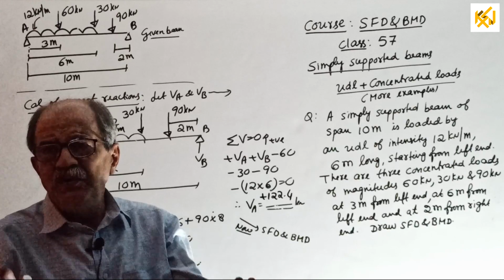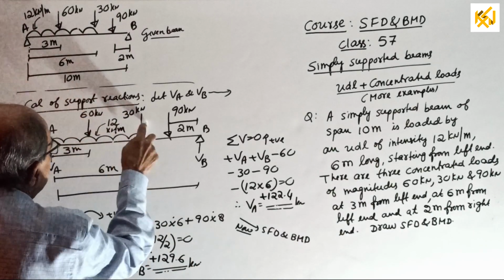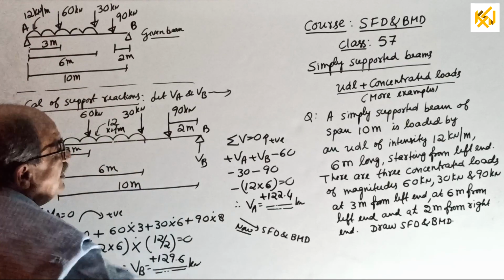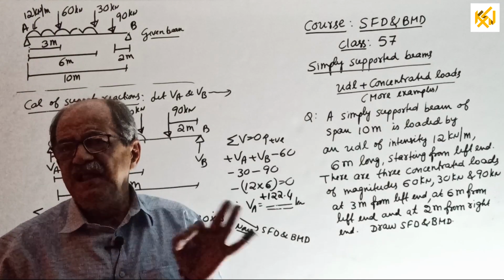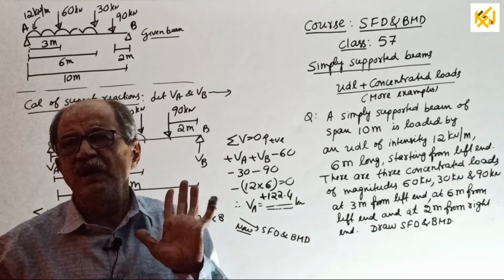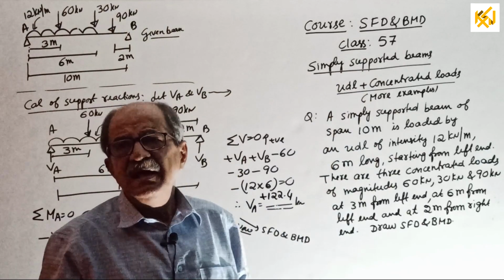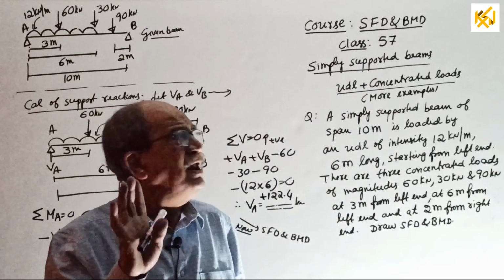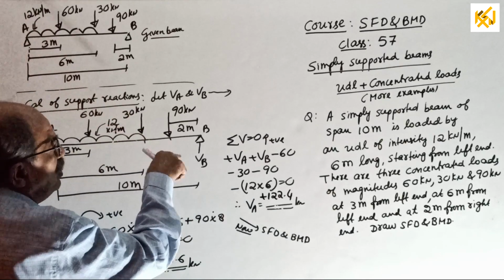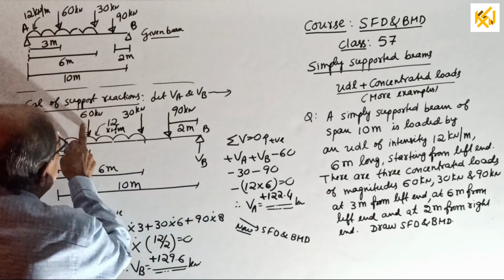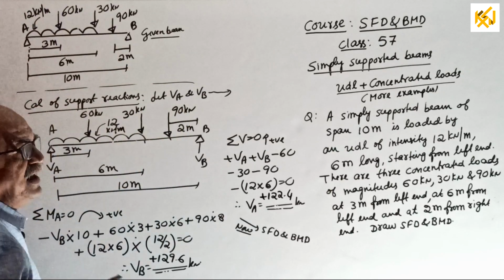Because then your SFD will cross the baseline here, which means the shape of the BMD and SFD will slightly change, just to understand thoroughly. So I am explaining the class 58 question now itself. This particular 30 kilonewton load is going to change. All the remaining, this point load and this UDL, I am maintaining the same.